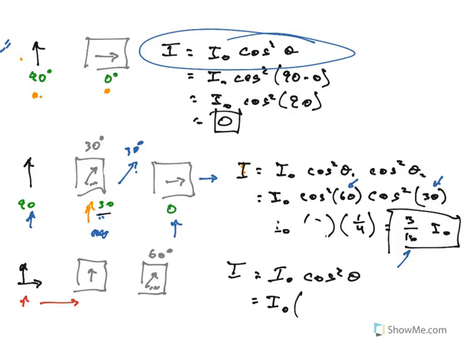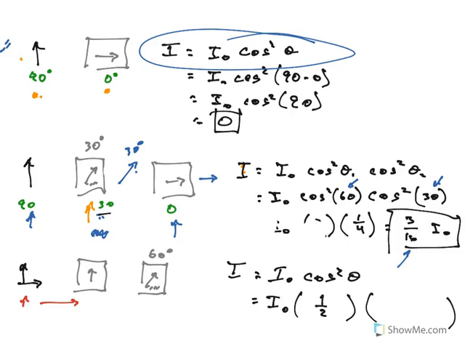So I'm going to say, okay, the first polarizer, here it is, and then the second polarizer is going to go here. The first polarizer, generally speaking, I would do cosine squared of theta. But because I started with unpolarized light, I don't have to do cosine squared theta. I just say 1/2 automatically.